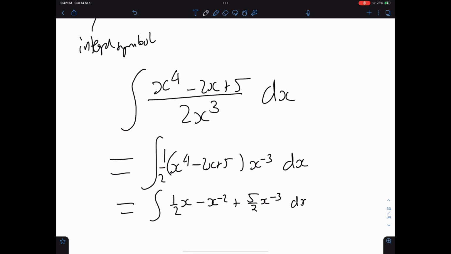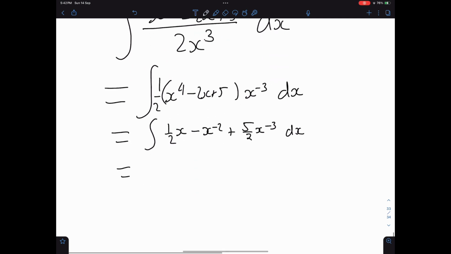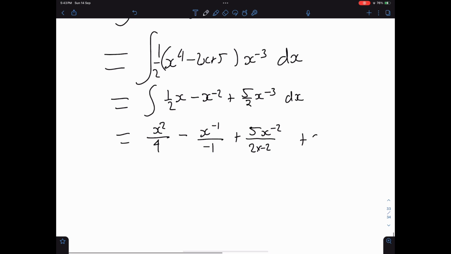And then I could integrate this normally. And then that would be my answer.